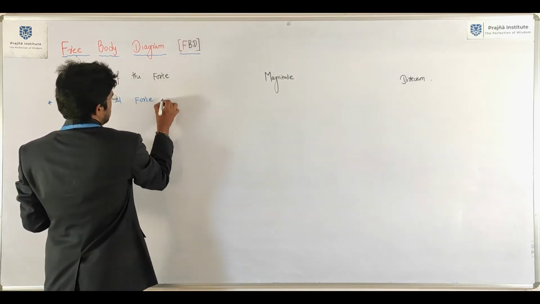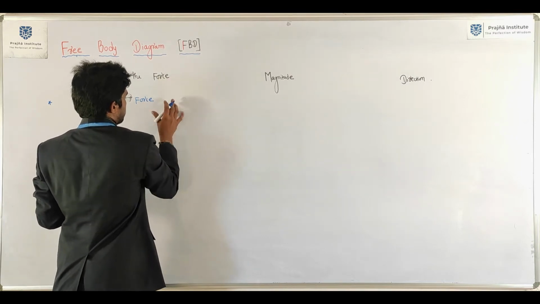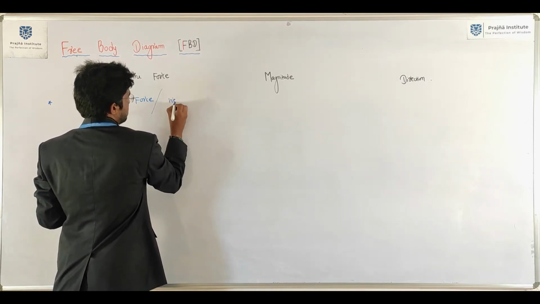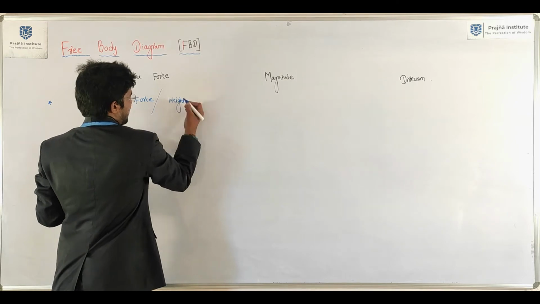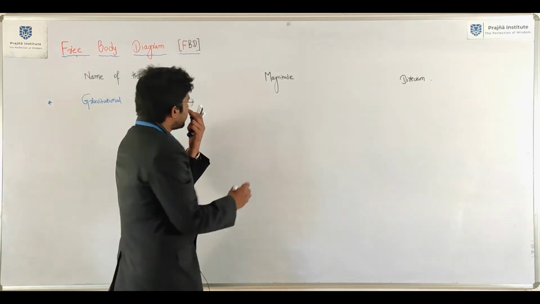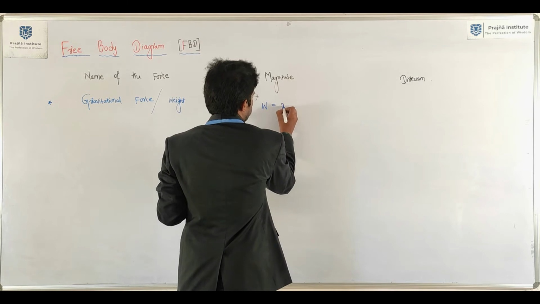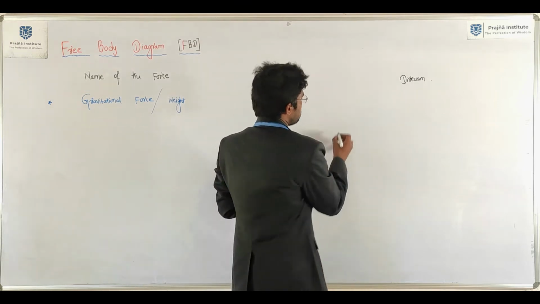Gravitational force or weight. Gravitational force or weight of the body. What is the magnitude? W equal to mg.